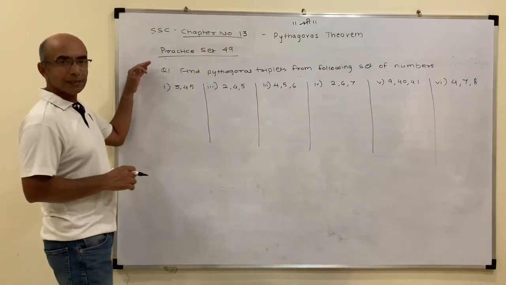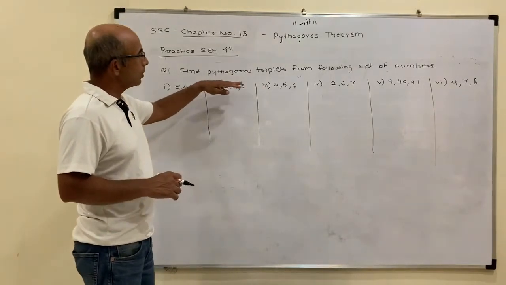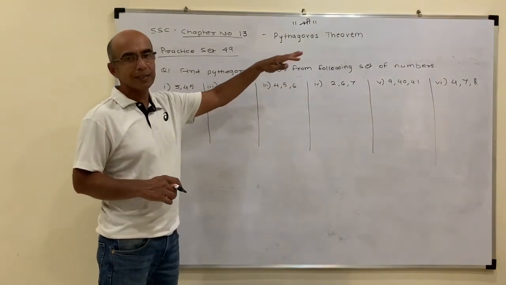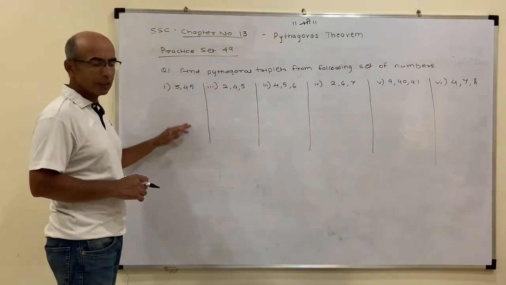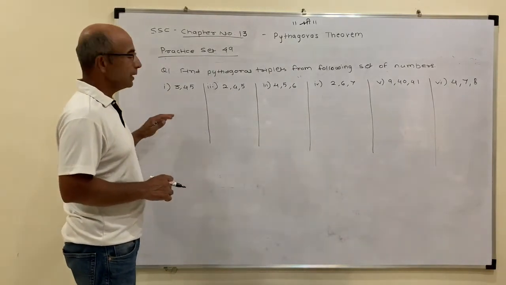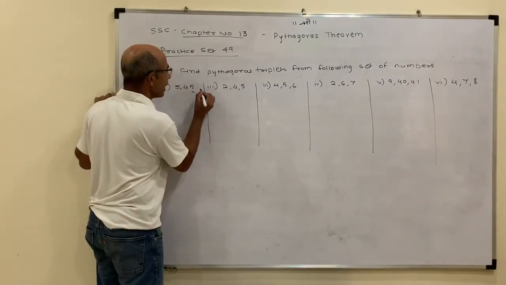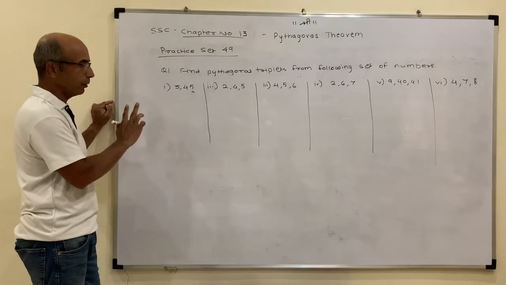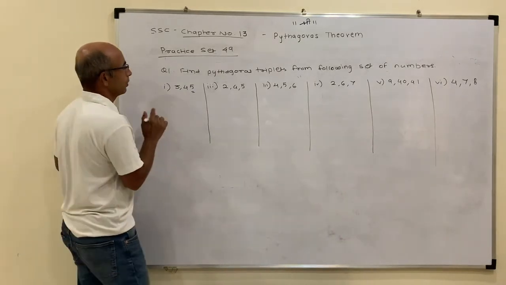Now, practice set 49, question 1. Find Pythagoras triplets from the following sets of numbers. This one we already solved in the example, but still we'll solve it again. To find the triplet, the square of the largest number among these three numbers should equal the sum of the squares of the other two numbers.